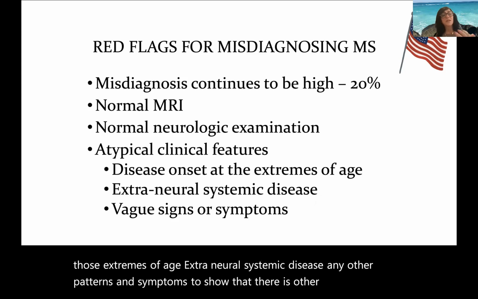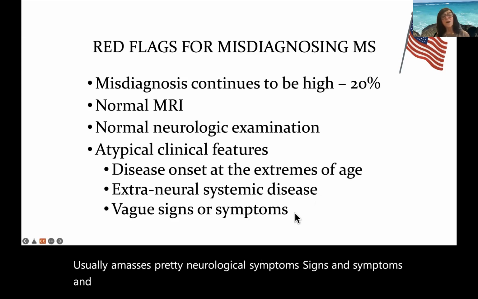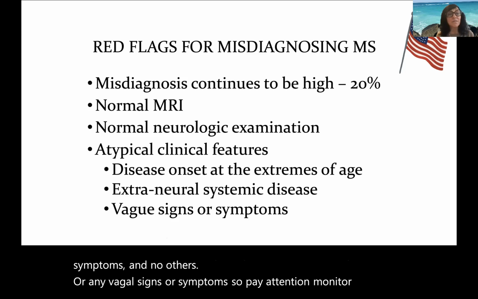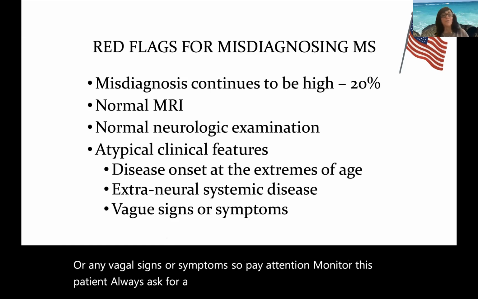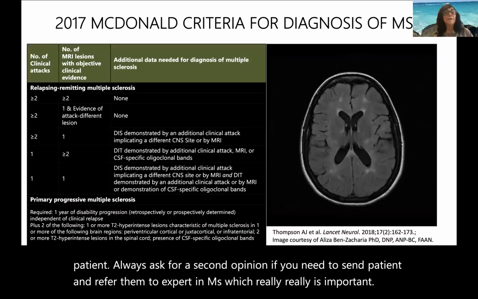Usually MS presents with neurological signs and symptoms, and no others. So pay attention, monitor this patient, always ask for a second opinion. If you need to, refer them to an expert in MS, which really is important.